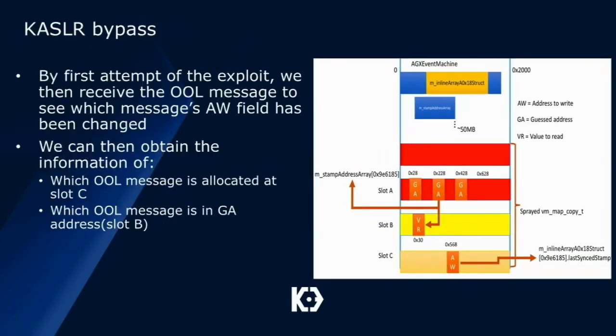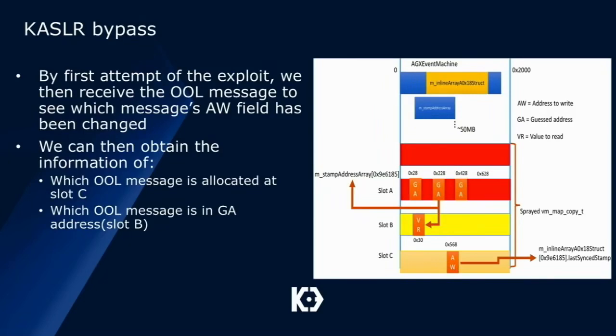By the first attempt of the exploit, we then receive the OOL messages to see which message's AW field, the address written field, has been changed. By checking the new value in that address, we can obtain two very important pieces of information.